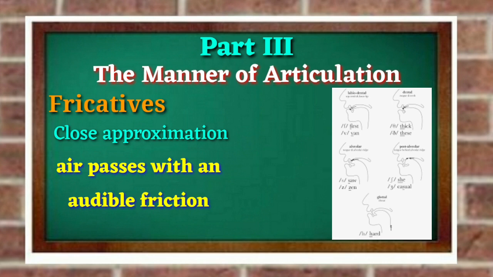In this manner, the sounds produced are known as fricatives. Air passes continuously with audible friction. No complete closure is there like in affricates. Friction is there and air escapes continuously, so they are called fricatives.